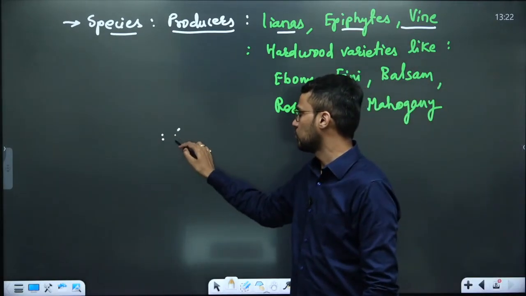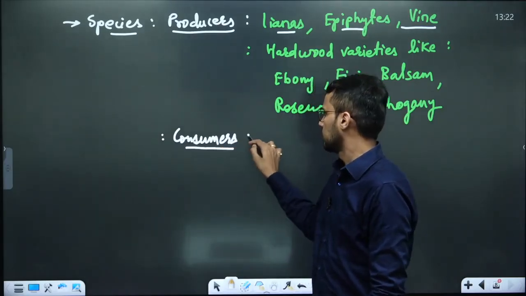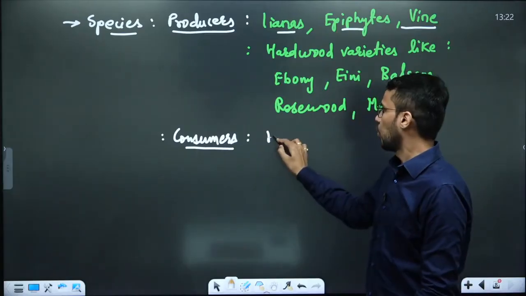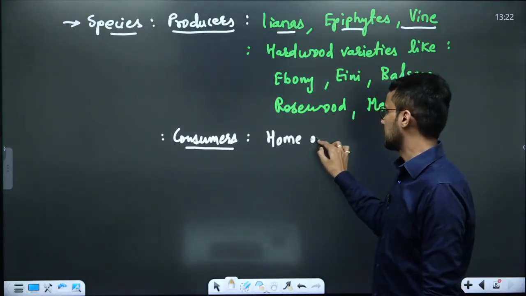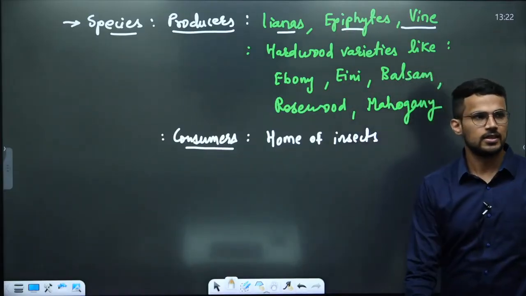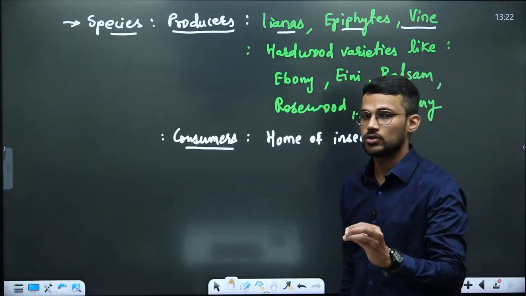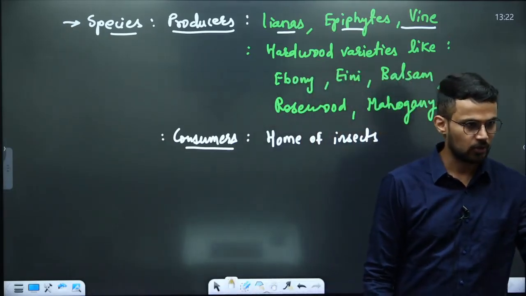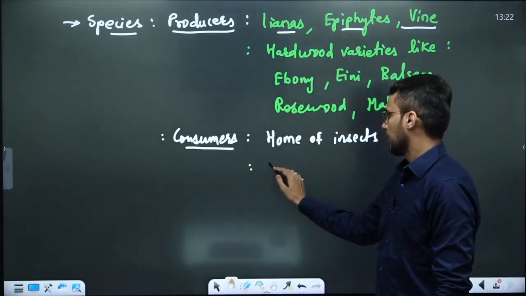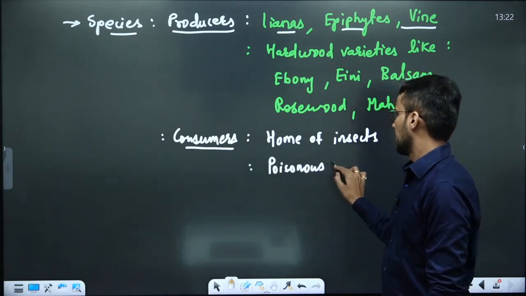Next now, consumers. This area is home of insects. Why home of insects? Because of waterlogged conditions. Then poisonous reptiles.